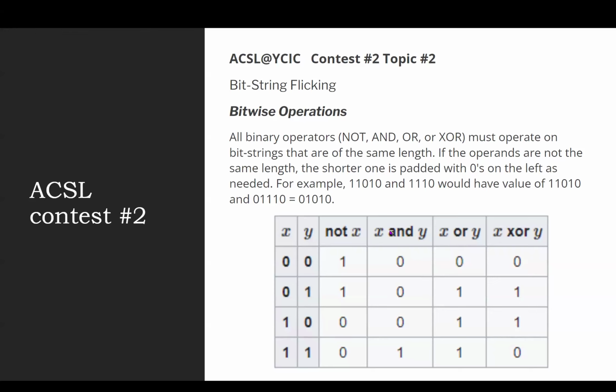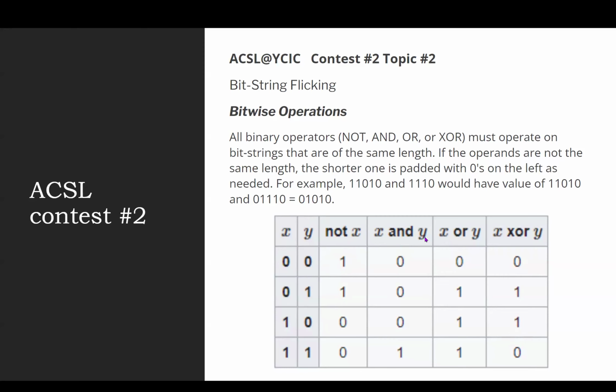If it's not the same length, you have to add zeros to the left of the number until it is the same length. So for example, we have x is 0, y is 0. If we do not for x, it's 1, because not is just changing 0 to 1 and 1 to 0.